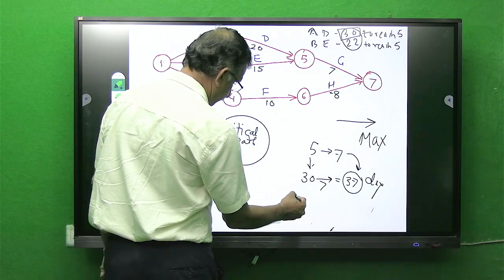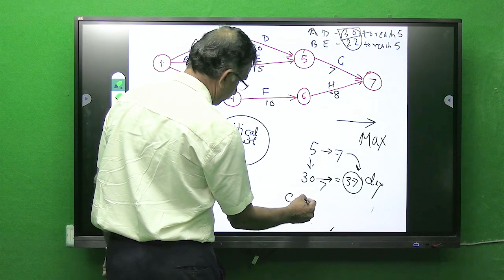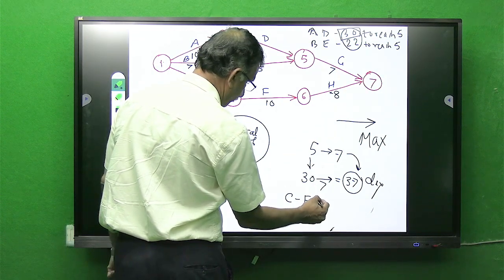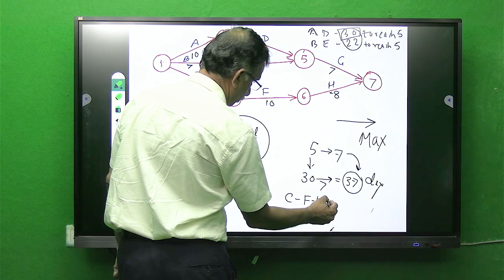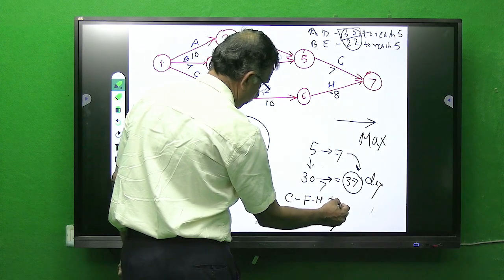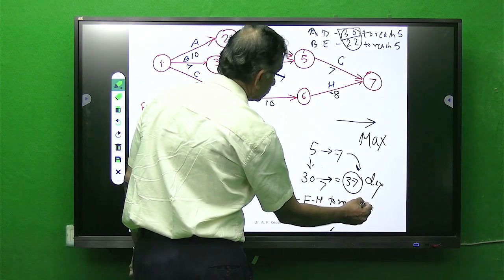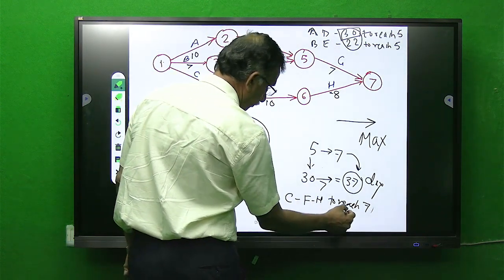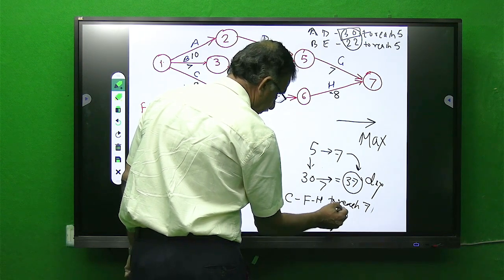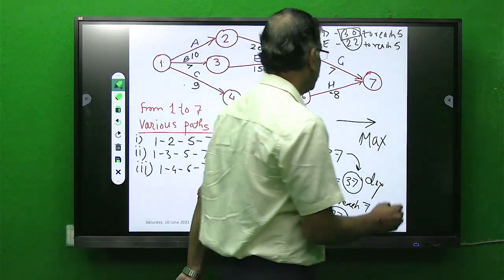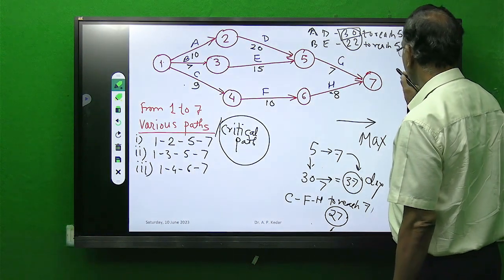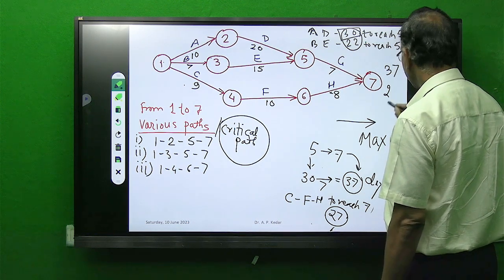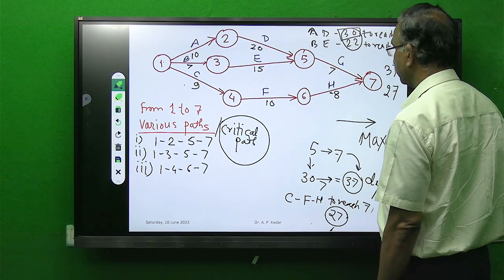So by path CFH to reach 7, your time was 19 plus 8, 27. So now here for the final destination you have 2 times. One is 27 and the other is 37.